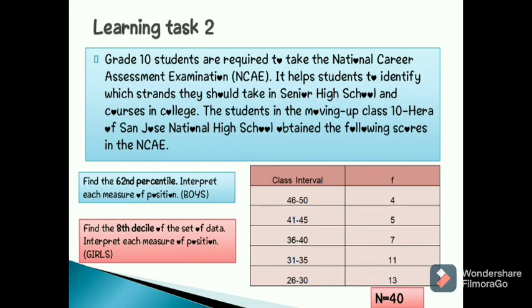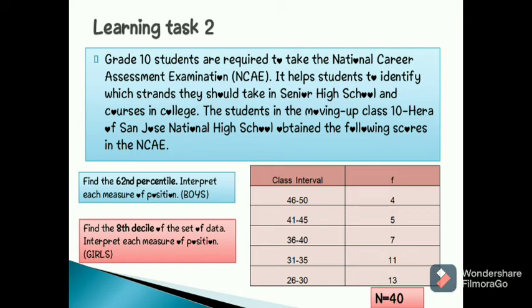So, learning task 2. Grade 10 students are required to take the National Career Assessment Examination, NCAE. It helps students to identify which track they should take in senior high school and courses in college. The students in the moving up class of Grade 10 of San Jose National High School obtained the following scores in the NCAE. So for boys, find the 62nd percentile.